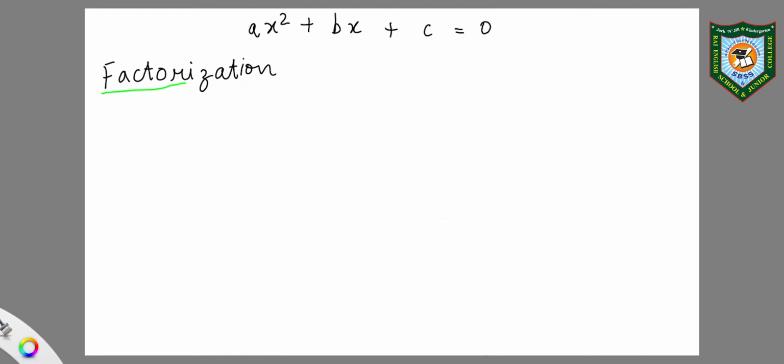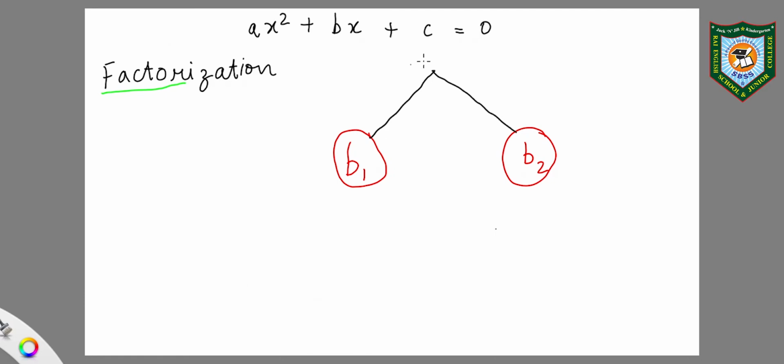I need two factors, b1 and b2, which we'll draw first. These factors should be such that when I multiply them, I get the product a into c.